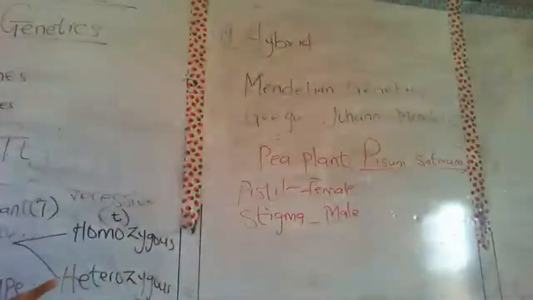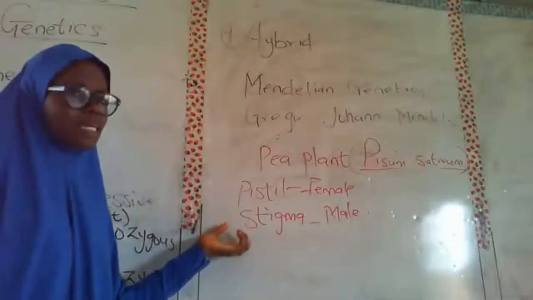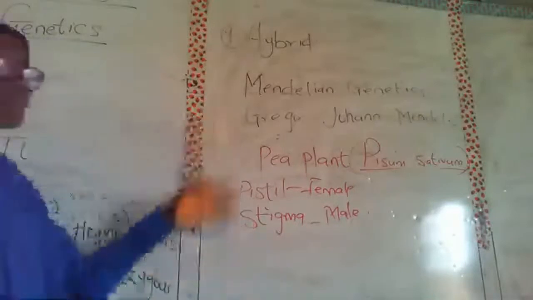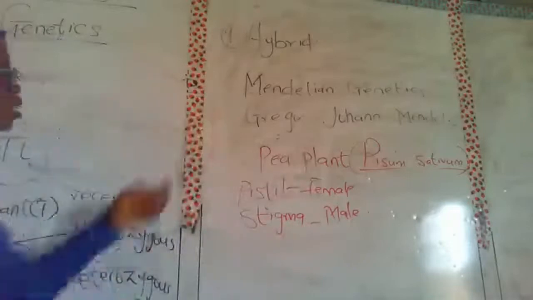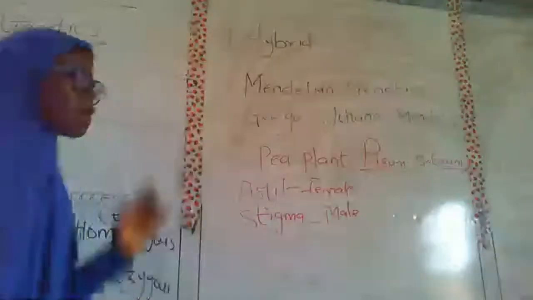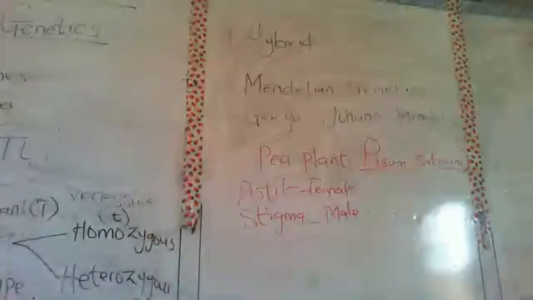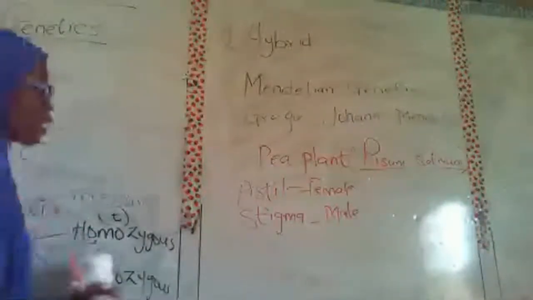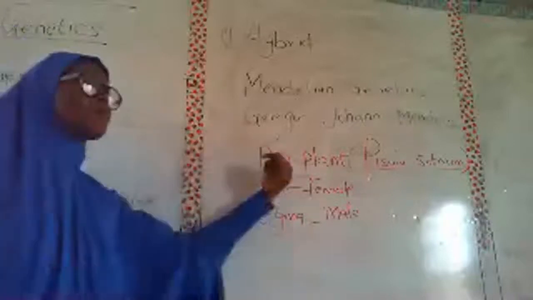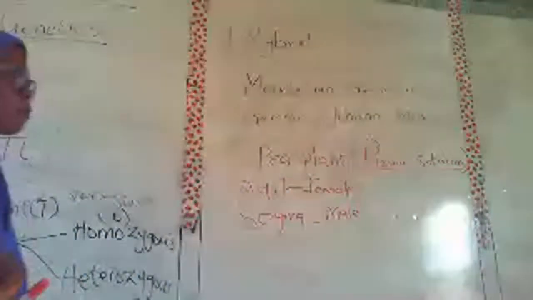So it was able to self-pollinate. That is one of the reasons why Mendel made use of the pea plant. Another reason is that the pea plant is an annual plant. It has a short lifespan, like a year. Because of this short lifespan, he was able to use the pea plant.